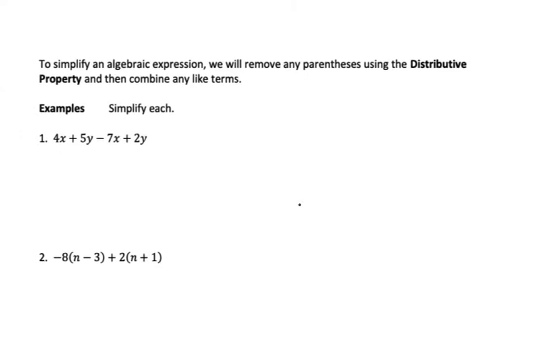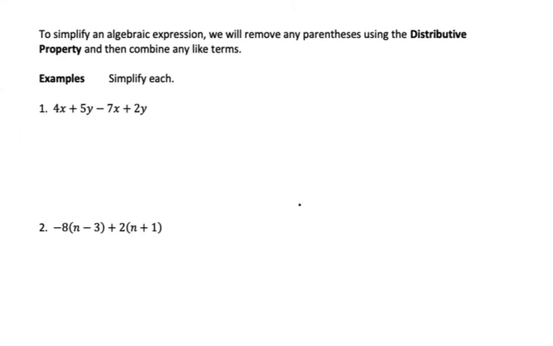Lastly, we're going to do some more simplifying, including problems that will require the distributive property. We use the distributive property to remove any parentheses and then combine the like terms. So for number 1, we have x's and y's. One thing that you might do is either use different colors or different underlining to identify what the like terms are.